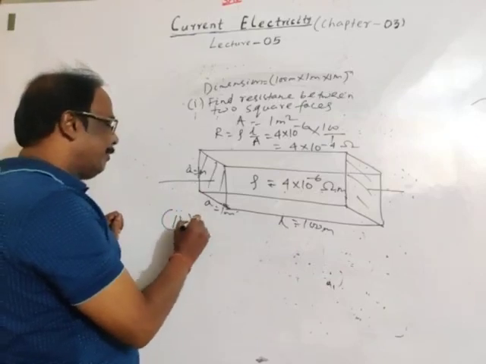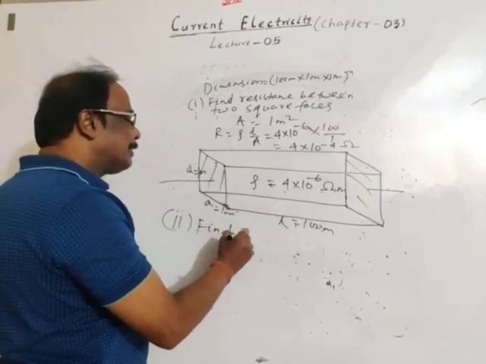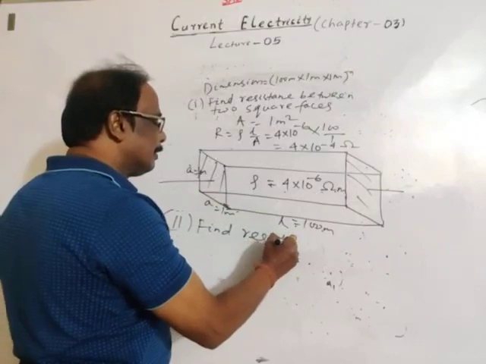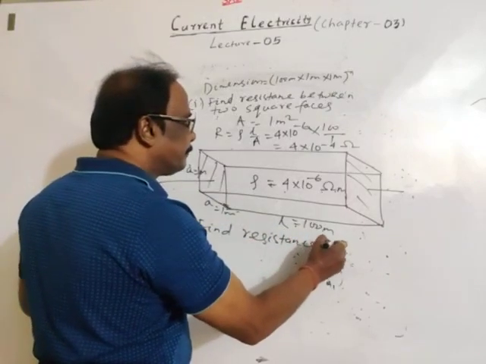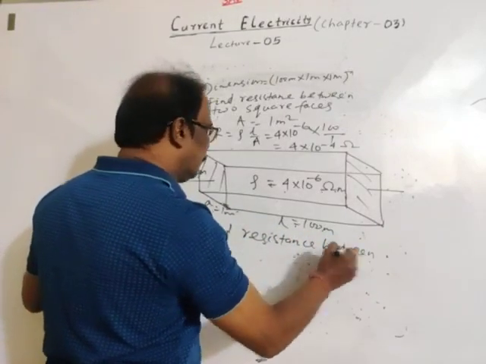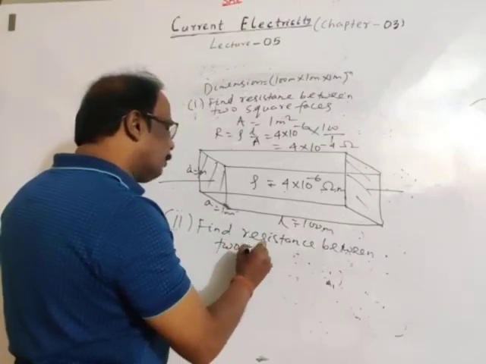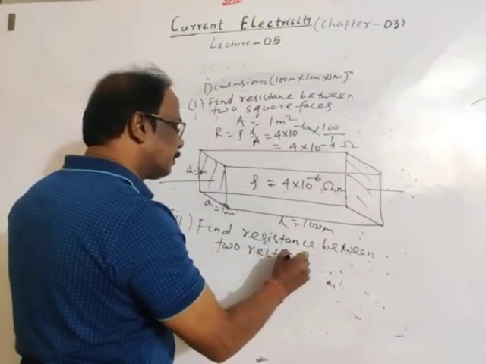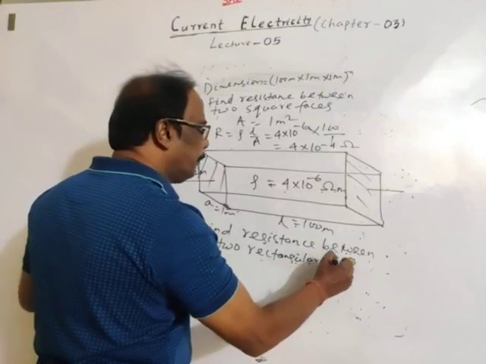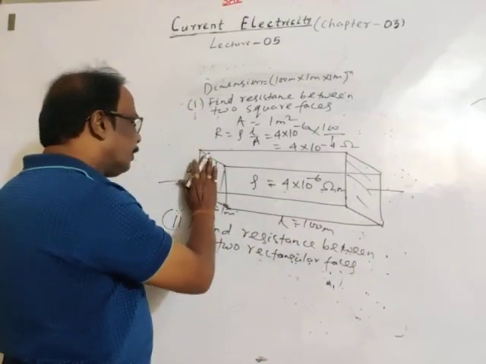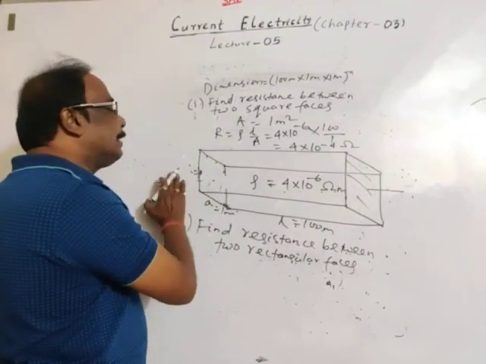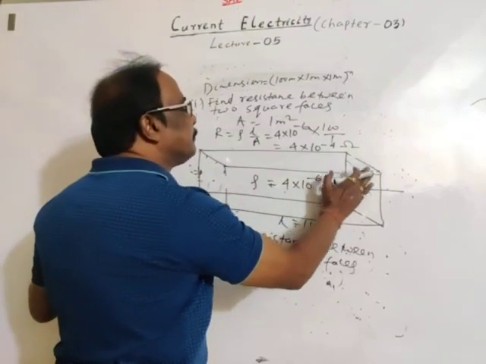Second bit. Find the resistance between two rectangular faces. Now we will not take these two areas of cross-section.